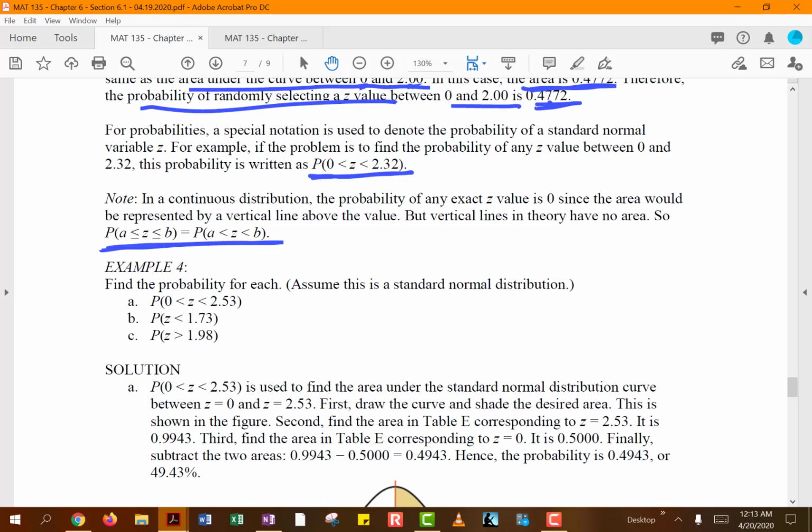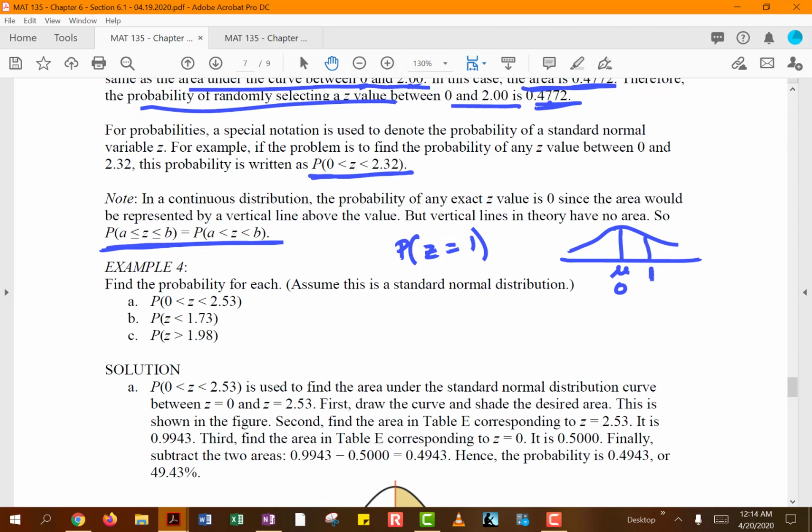And the reason we don't use less than or equal to is because when you think about finding the probability for an exact z value, it's going to be 0, because your area is just going to be a vertical line. So if I wanted to know what's the probability that my z-score is going to be 1, think about this. If this is our normal distribution curve, in the middle is our mu, which is at 0.